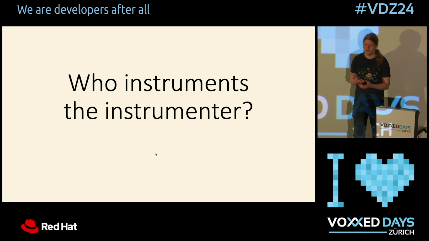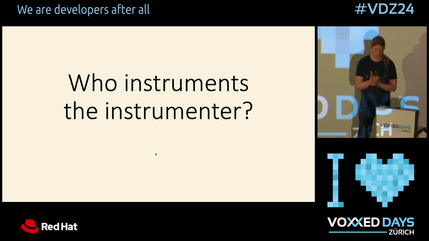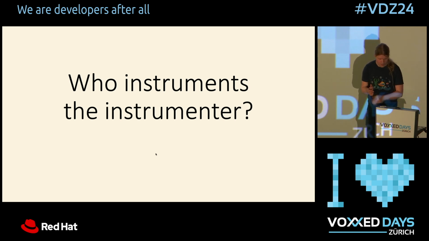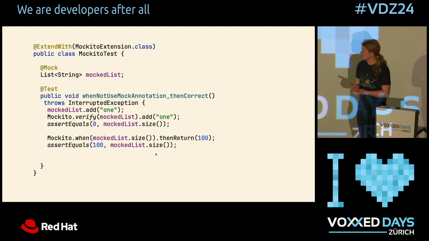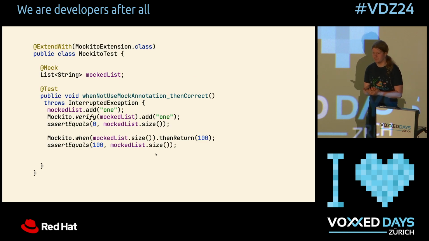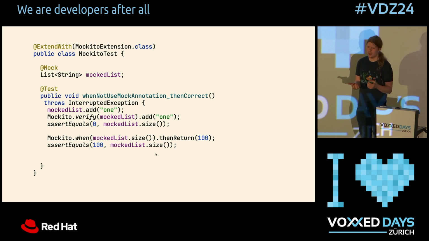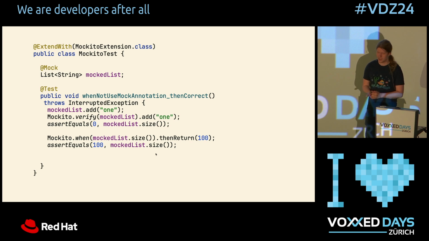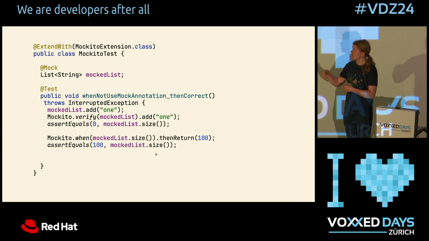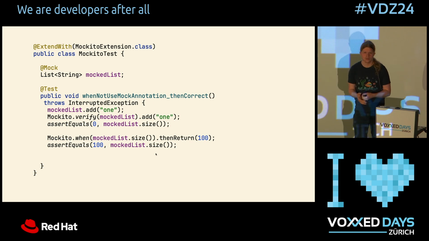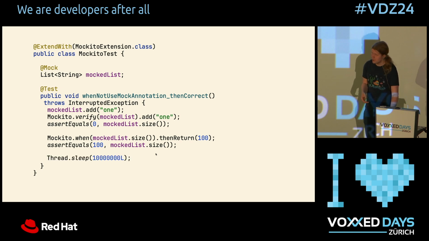The problem is now: who instruments the instrumenter, and why should we do it? The main problem is, consider you have the Mockito library. It's a well-used library, but it also uses bytecode transformation. For example, here the essential bit is that I mock the list class.